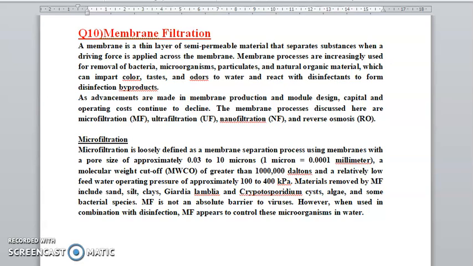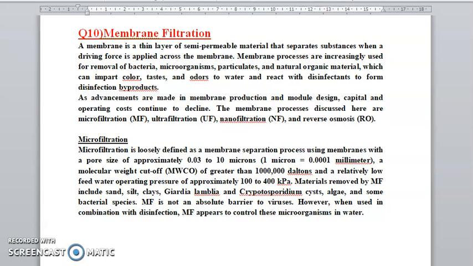Membrane processes are increasingly used for the removal of bacteria, microorganisms, particulates, and natural organic material, which can impact color, taste, and odor of water and react with the disinfectant to form disinfection byproducts.